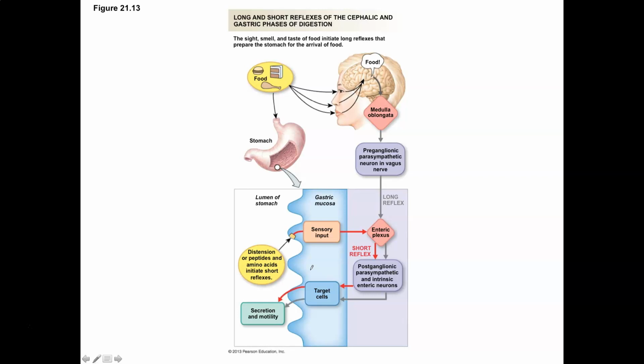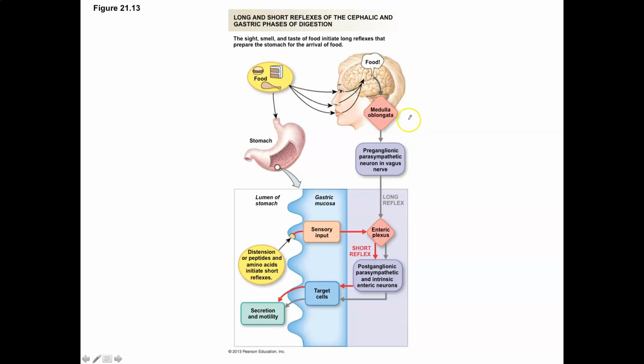So you may have experienced that rumbling and growling of your stomach before you actually eat anything. That's because that cephalic phase is getting everything started. Salivary glands are responding, the stomach is responding, you're increasing your motility and your secretions in response to food that is on its way.